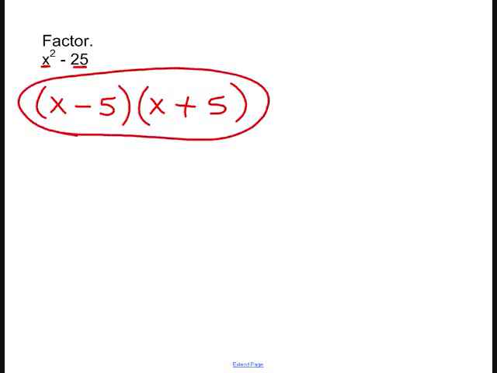Okay, taking a look at another one of these. 16y squared is a perfect square, and 64 is a perfect square, and they're being subtracted. So I'm going to create two binomials. And the first thing I have to ask myself is, what makes 16y squared? Well, first off, 16 would be 4 and 4. Once again, the numbers have to be the exact same.